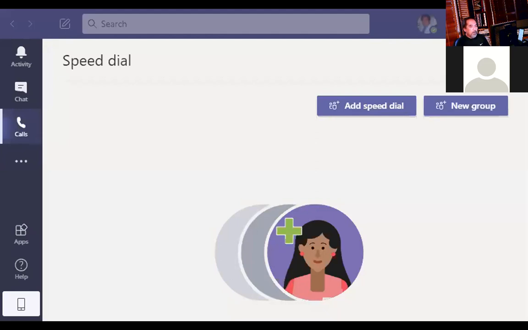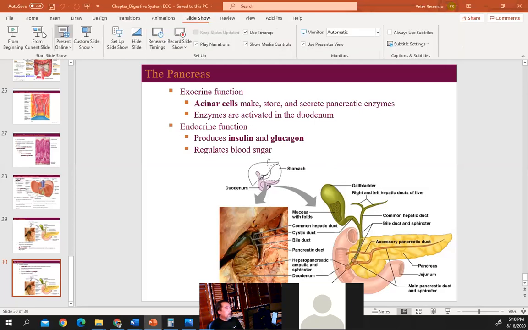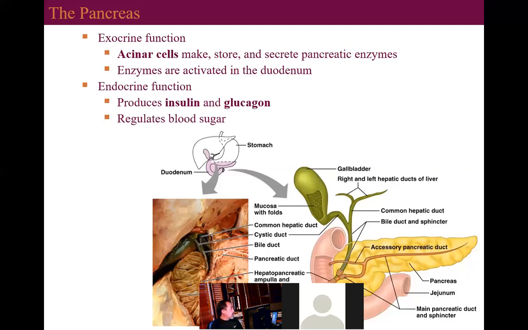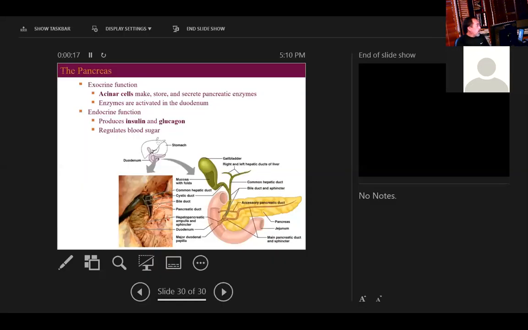Something's not letting me do it. I'm going to open it again so that I'm sure that's what you have on your screen. All right, so what you have on your screen right now is going to be the digestive system.